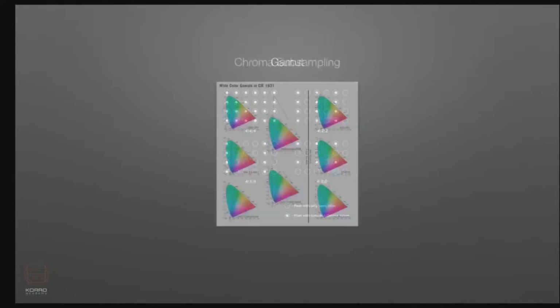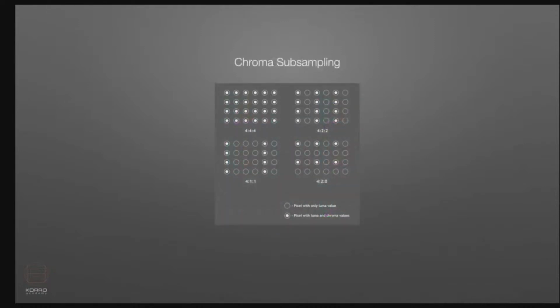Another thing that's done in terms of color processing is that there's a need to manage data sizes, and chroma subsampling is one of the techniques that can potentially be used by the camera to save data, and it's done at the expense of color fidelity. It's not done at the expense of luma, the luminance component.